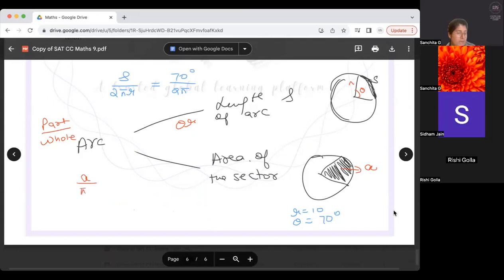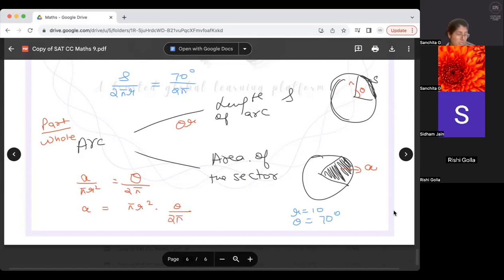A over pi r square is equal to theta, I'll just keep it as theta for now, divided by whole, which is 2 pi. So I will just cross multiply. A is equal to pi r square times theta over 2 pi.